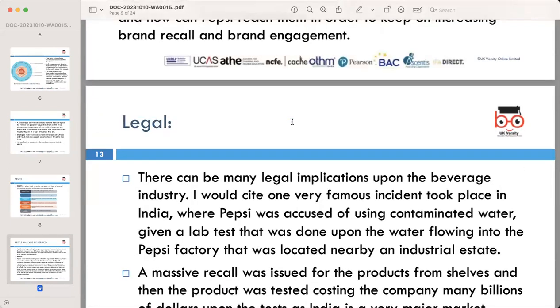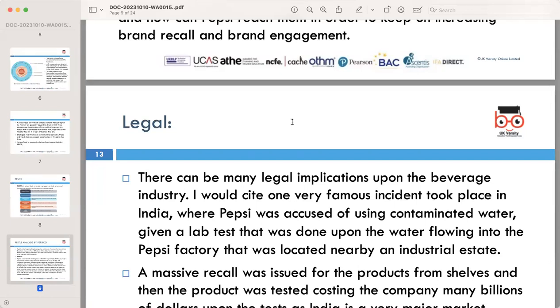So legal implications can significantly impact the cold drinks industry. One well-known incident, he is just referring to, is in India where Pepsi was accused of using contaminated water.